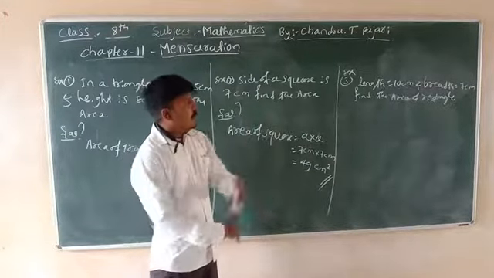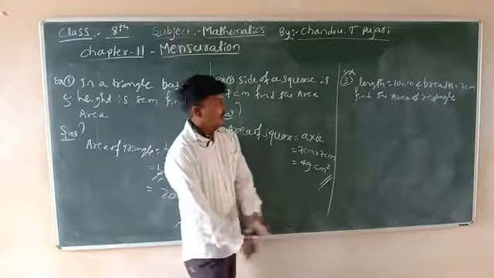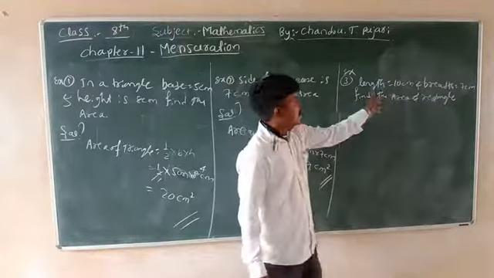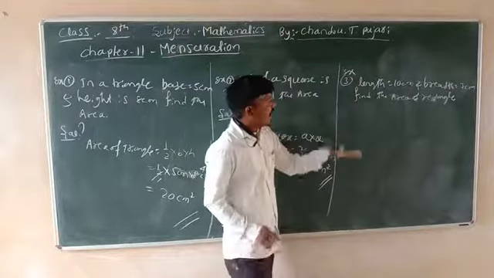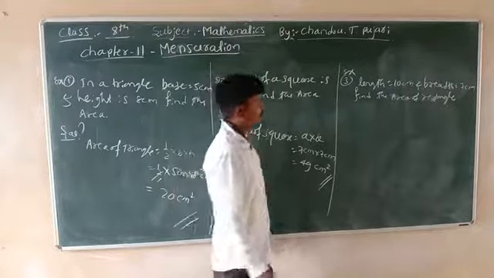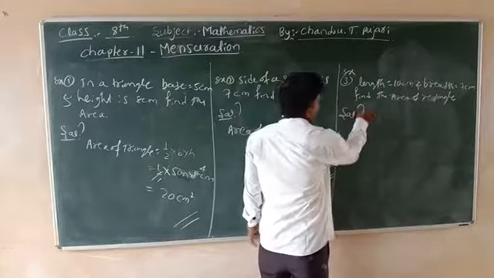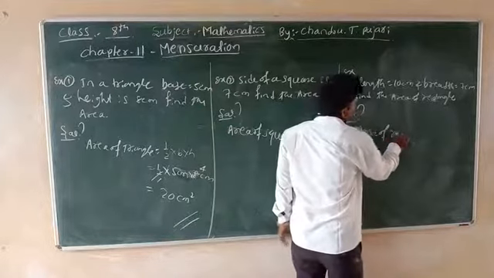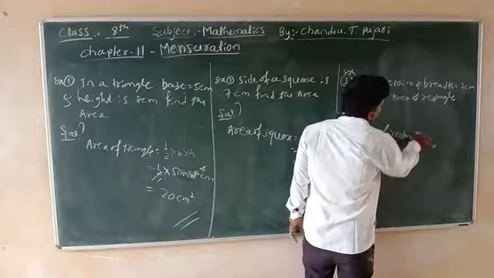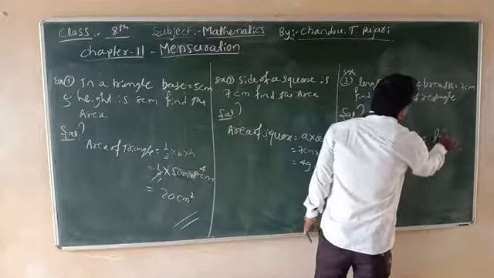What about the next one? Third question. In the rectangle, the length is given as 10 centimeters and the breadth is 7 centimeters. We can find out the area of the rectangle. The formula is length into breadth.